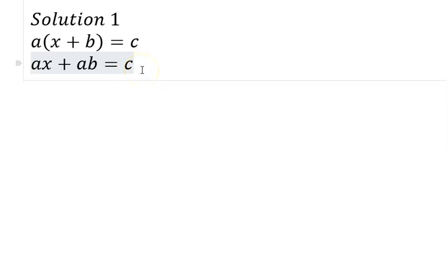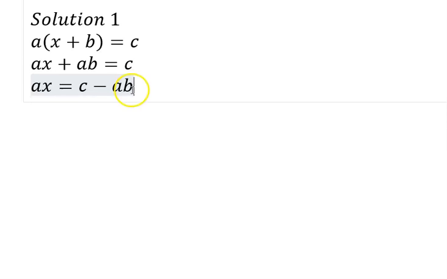Because you are actually moving across the equality sign. So now we have our ax equal c. Now that the ab is moving out, the sign will change to minus ab. It's as simple as that. So we now have ax equals c minus ab.